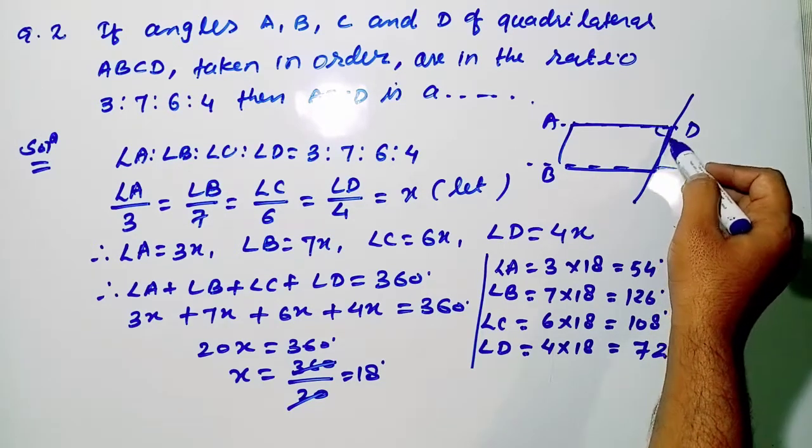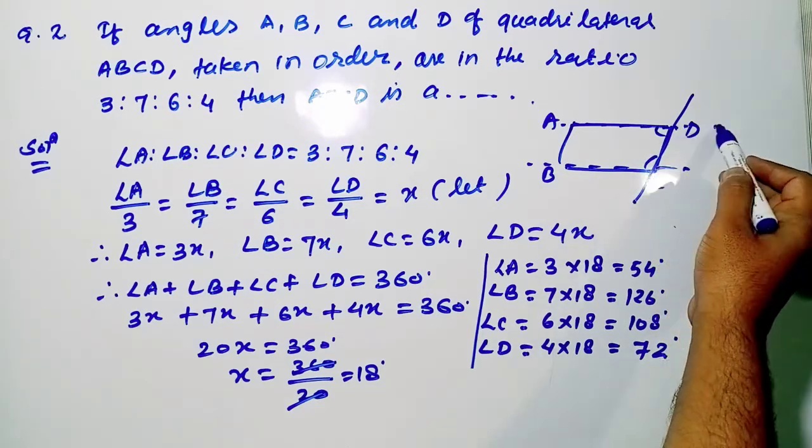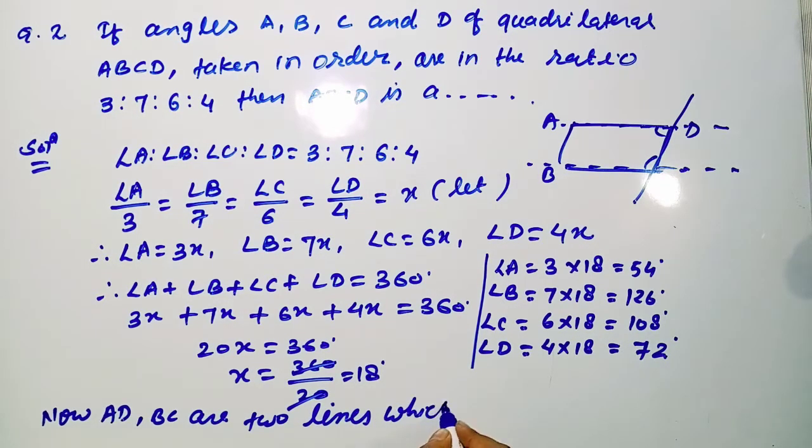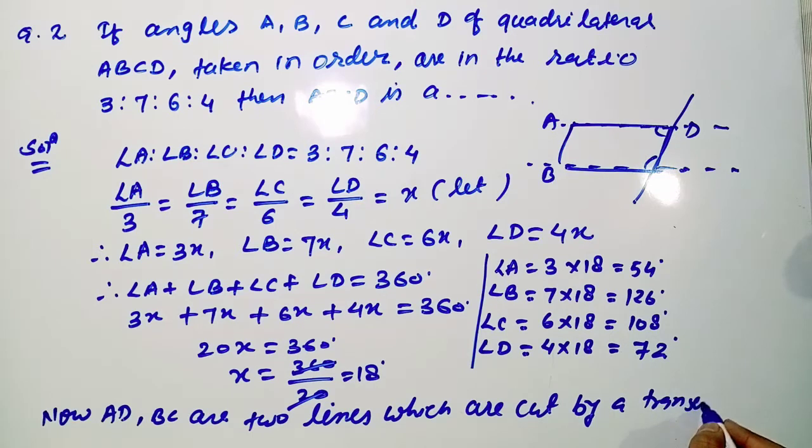Okay, and here we can see that AD is parallel to BC and DC is transversal. Right? So here we can say that AD and BC are two lines, and they are cut by transversal DC.